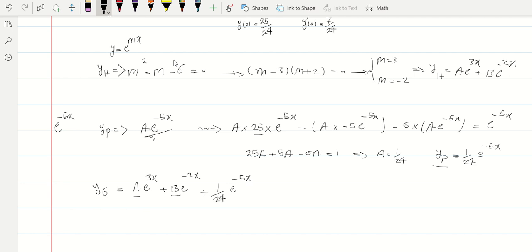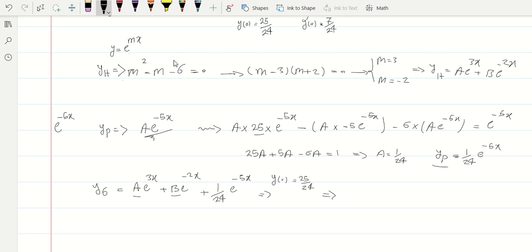Now, in order to find the a and b values in here, I'm just going to use the initial conditions mentioned for the question. The first initial condition is that when x is equal to 0, y would be equal to 25 over 24. So I'm just going to substitute x of 0 into this equation.